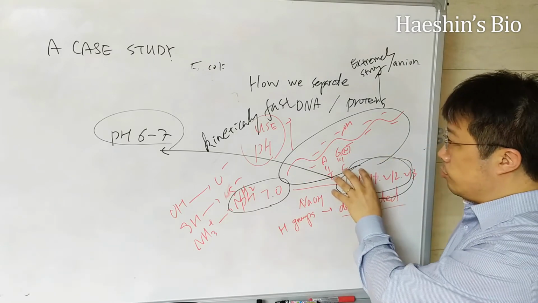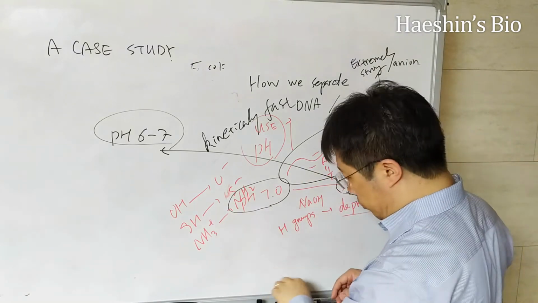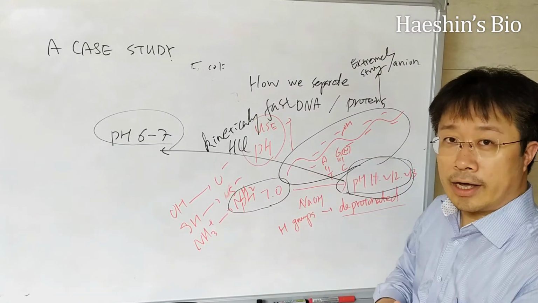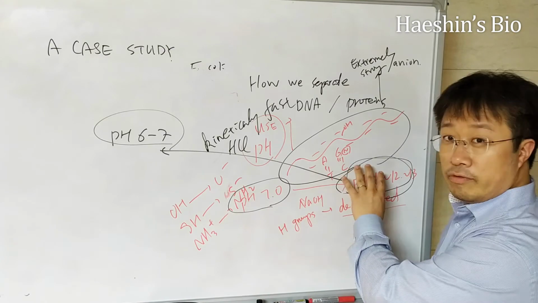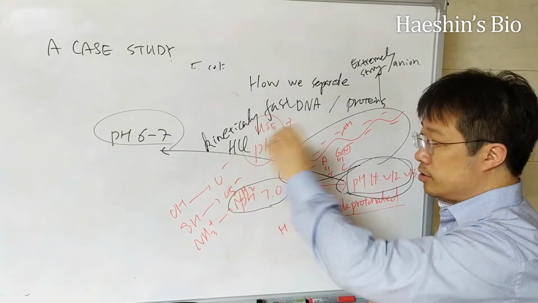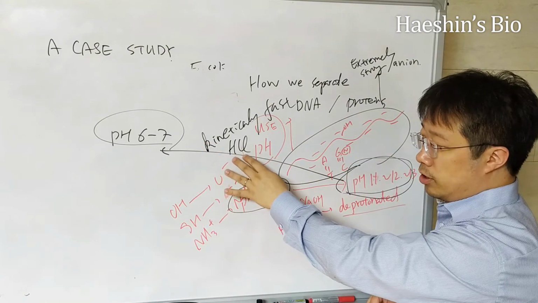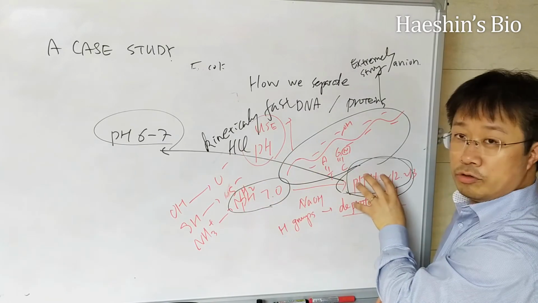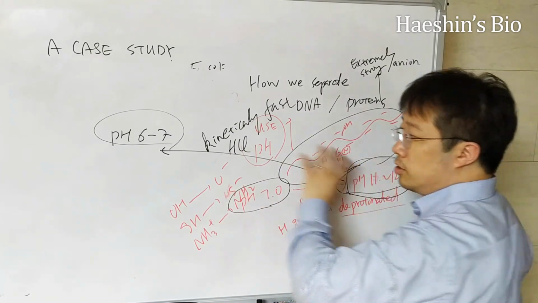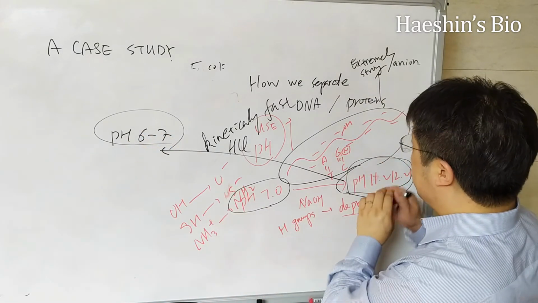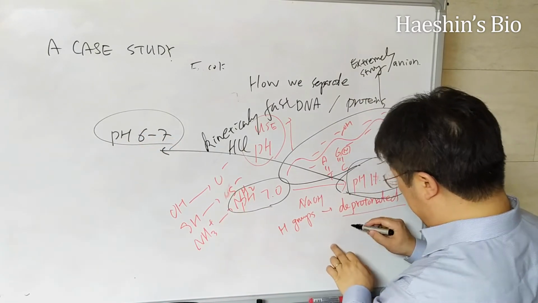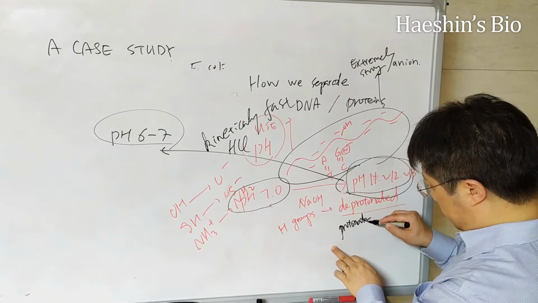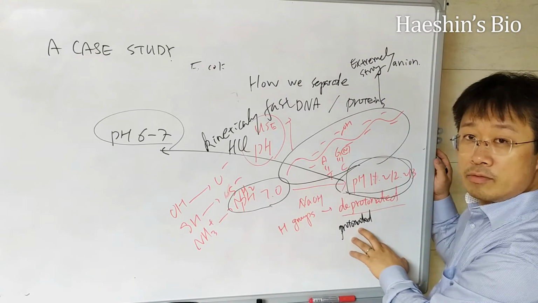Then when you add the acid, HCl, it is relatively fast. You add a large amount very fast, and then it suddenly goes back to the protonated state.